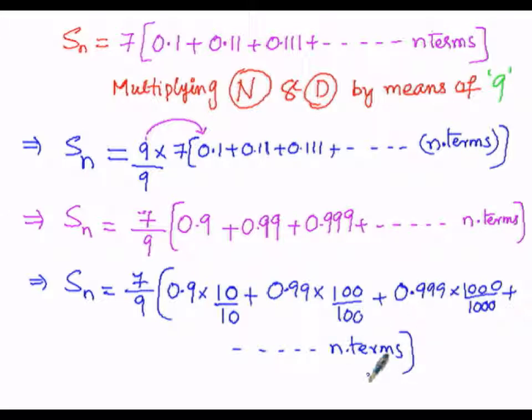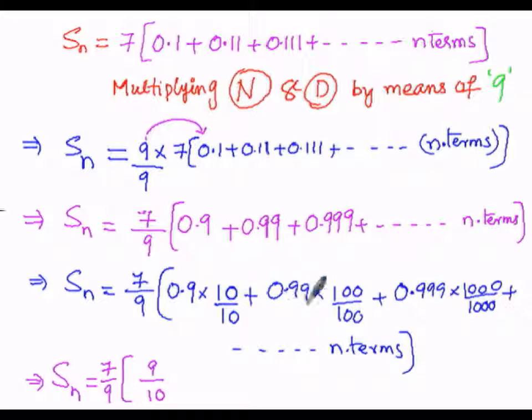Then the next logical step will be: that implies S of n is equal to 7 divided by 9 bracket. When 10 is multiplied with 0.9, the decimal point will go off and you will get only 9 in the numerator overall divided by this 10. We are multiplying 10 with 0.9 in order to remove this decimal, so 10 into 0.9 becomes only 9 without the decimal, so the 0 won't have any value. Similarly, in order to remove this decimal we have multiplied with 100.